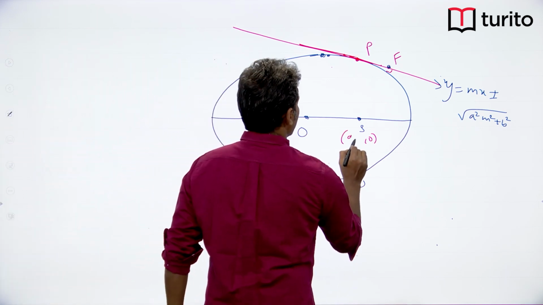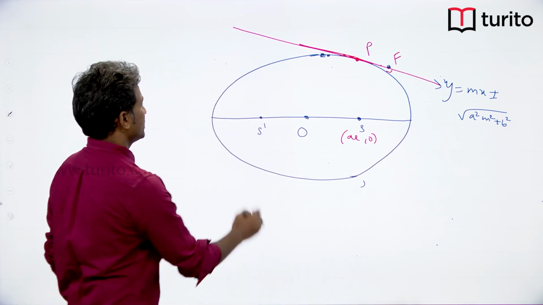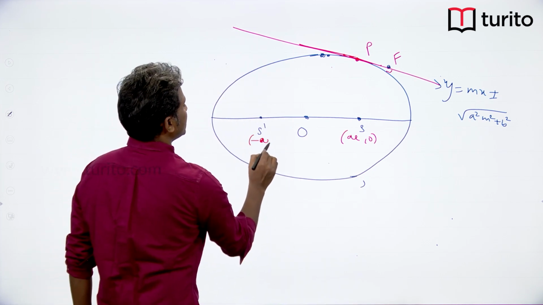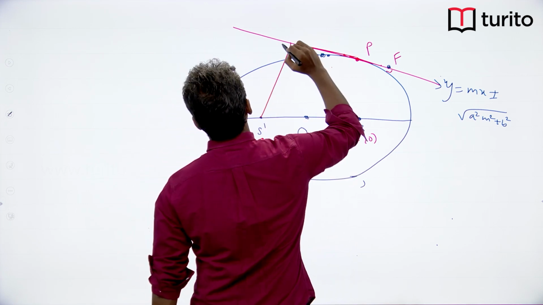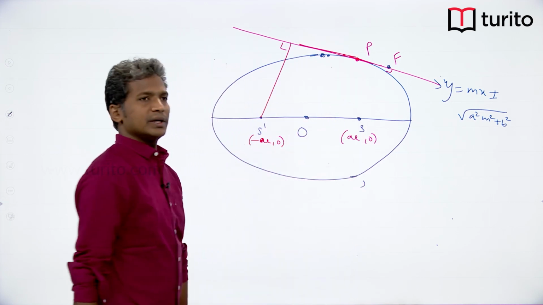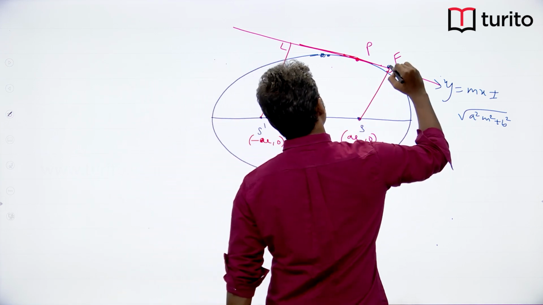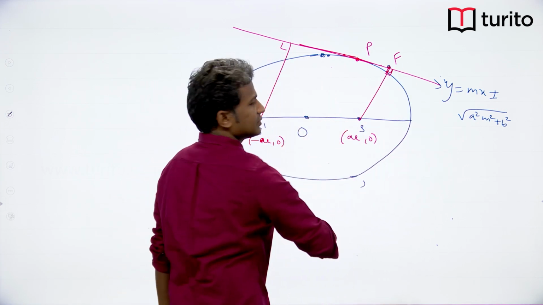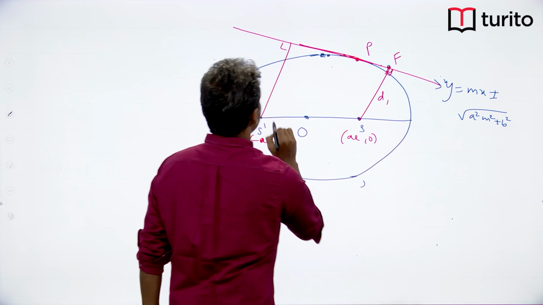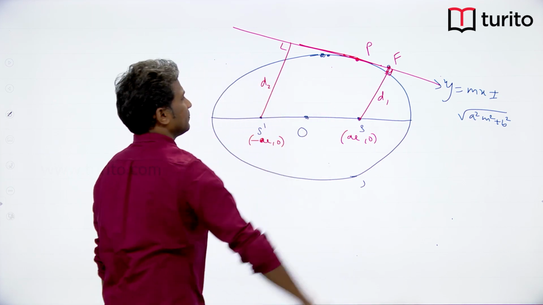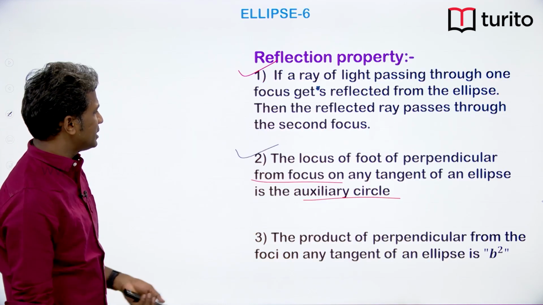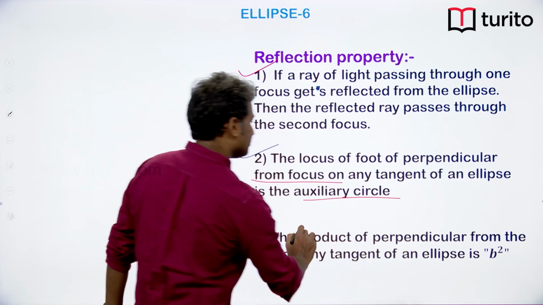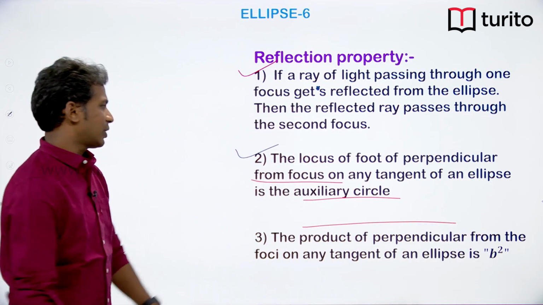Now, this point becomes ae comma 0, that is one focus. The other focus is minus ae comma 0. And from here also we are drawing one perpendicular. So, from here there is one perpendicular, from here also there is one perpendicular. We can name this as D1, we can name this as D2. And we want to find the product of these D1 and D2, product of perpendiculars from foci.